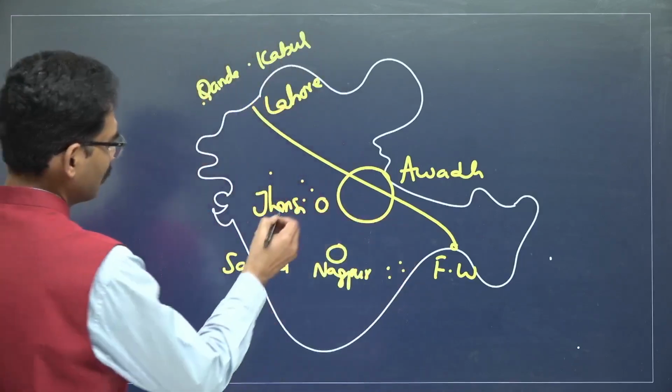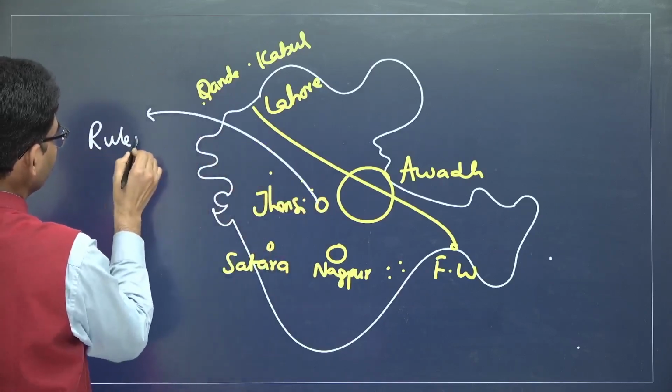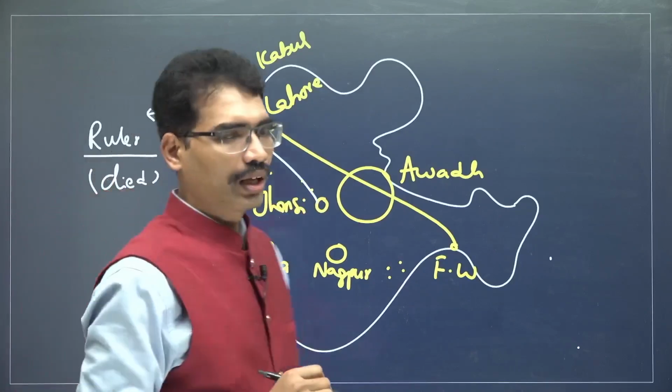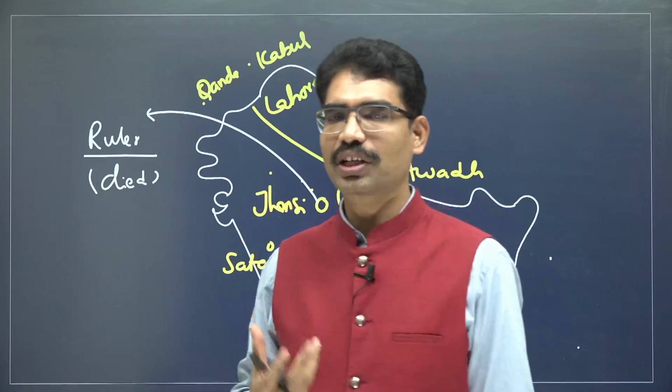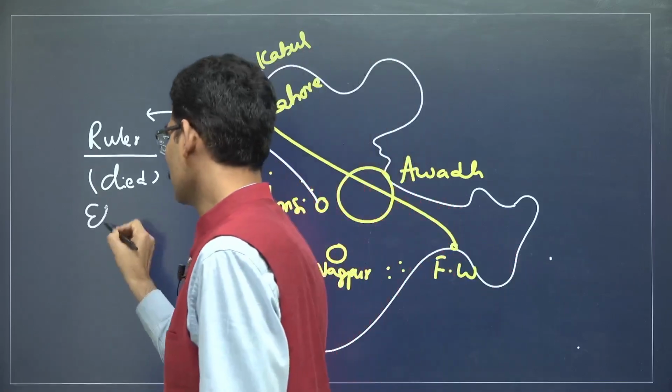According to this, suppose there is a ruler who died. According to the Hindu tradition of succession, the eldest son becomes the next ruler. Eldest son.